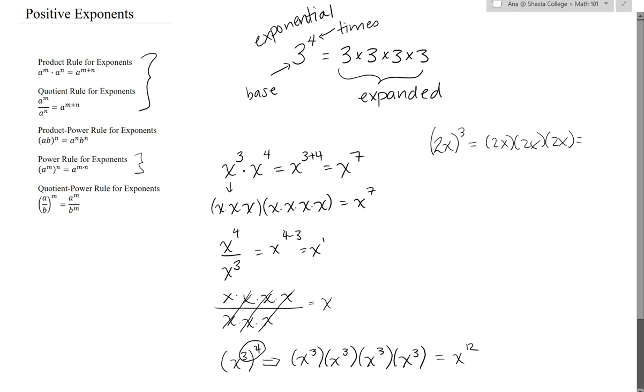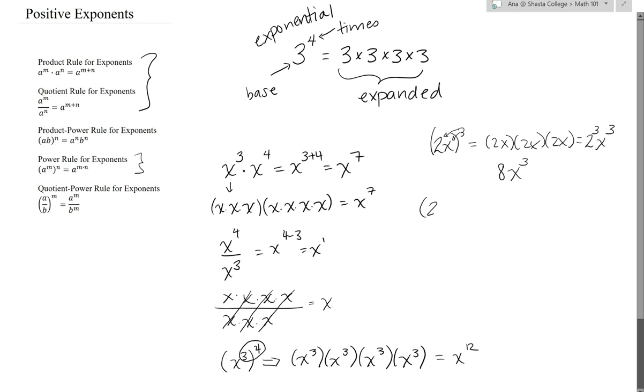That gives me 2 to the 3rd power and x to the 3rd power. I can distribute in that 3rd as my shortcut. 2 to the 3rd is 8 if I wanted to evaluate it, and then x to the 3rd. When I have this multiplication inside the parentheses, the exponent applies to both of them.